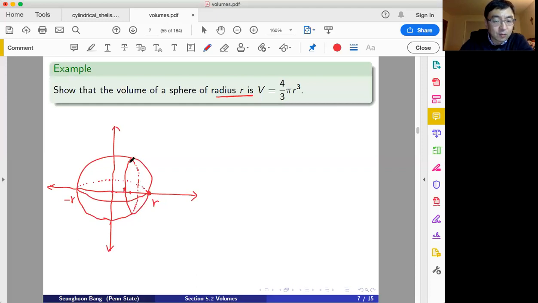So like this, we have a cross section. This is a circle, that's right. This is a circle. So this is A(x).